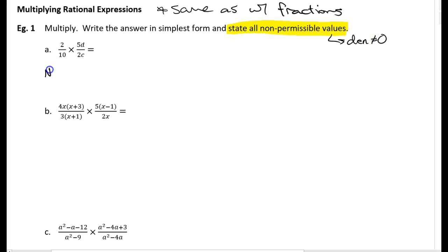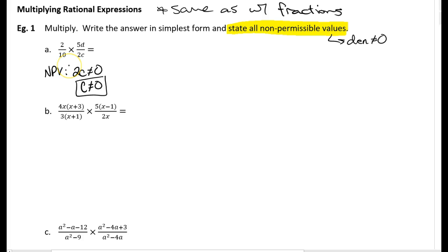So in this case, it's a constant in the denominator here, but I do have a variable in my denominator in the second rational expression. So 2c cannot be equal to 0, so c cannot be equal to 0. So that's my non-permissible value.